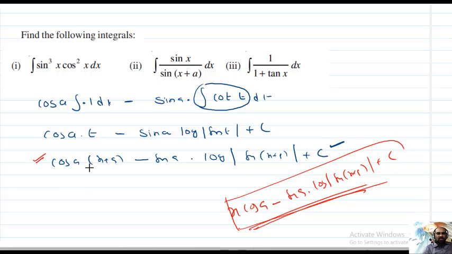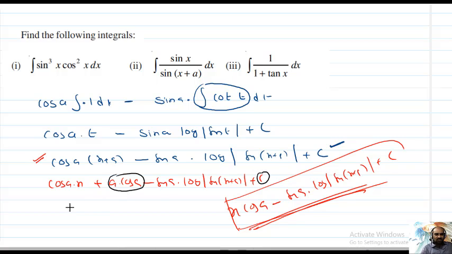I will show you. Multiply cos a into x plus a cos a, minus sin a into logarithm of mod sin of x plus a plus c. Actually, what happened here? The a cos a is a constant only, and c is a constant only. Instead of that, they wrote another constant.